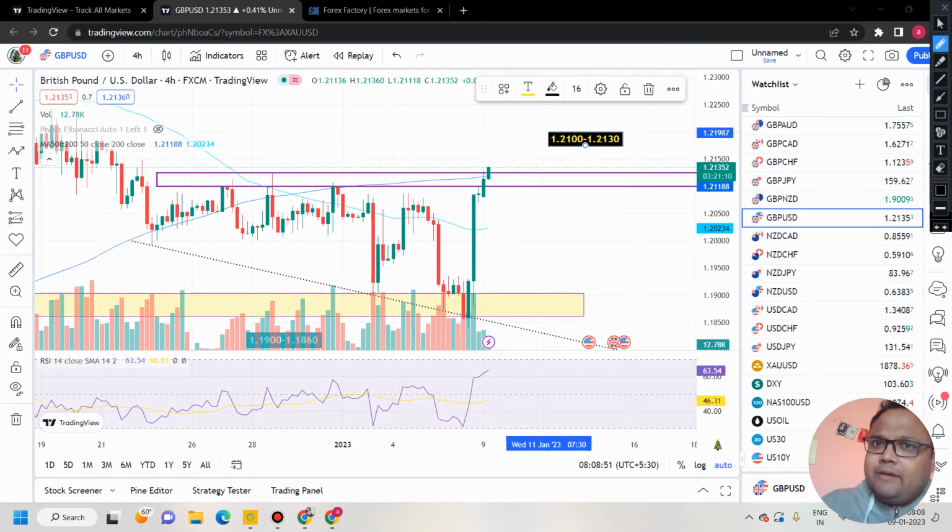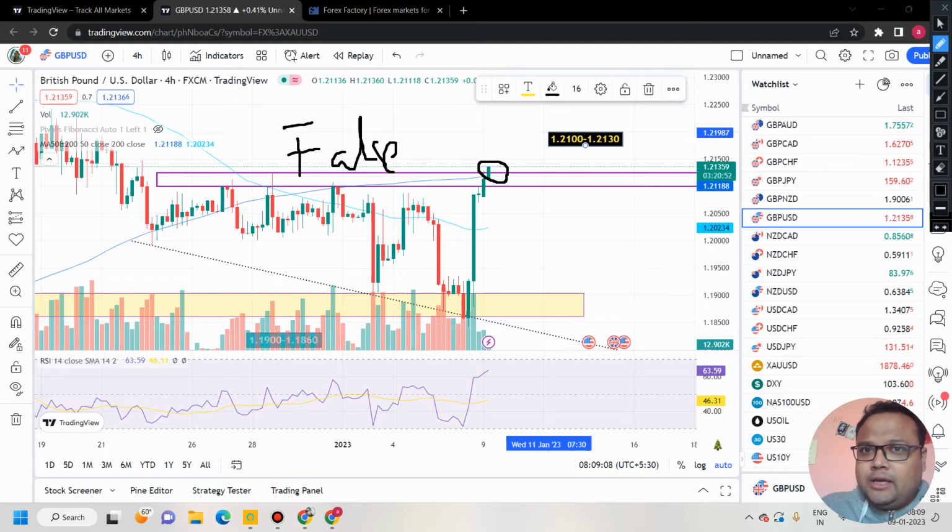So if you already have taken a buy position, you can stay in the trade, or you can just go with a small buy position right now, because in case the market shows a false breakout, you do not lose a big amount of money. So you can also go for a small buy position here.